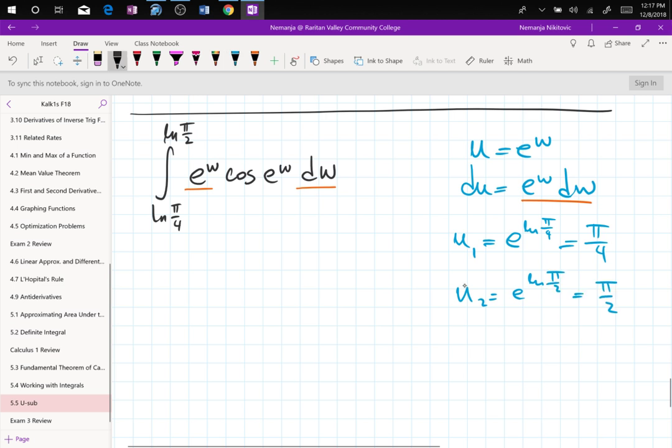So the integral now becomes the integral from pi over 4 to pi over 2 of cosine u du. Very simple, right? The next step is the solution for this, so that's why I said checkmate in 2 steps, right?